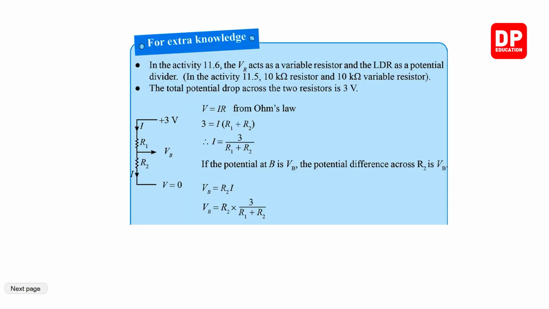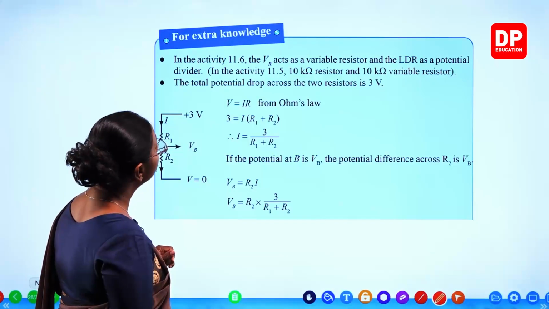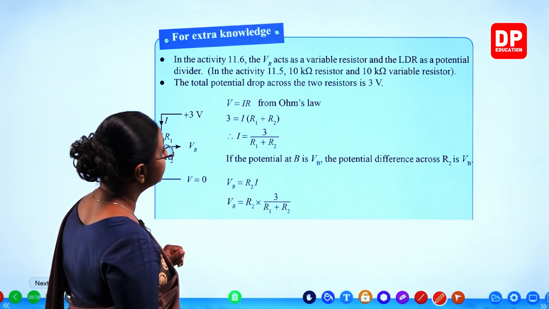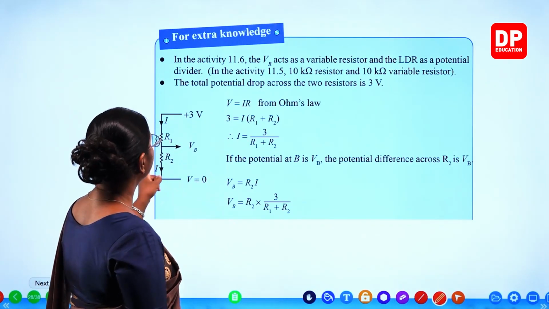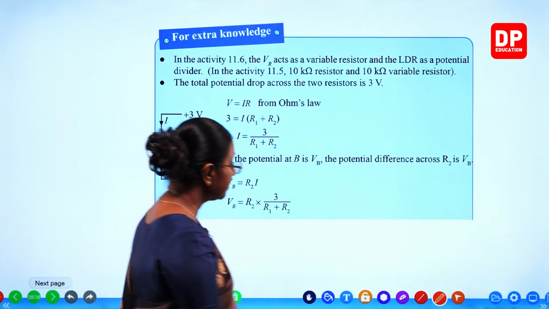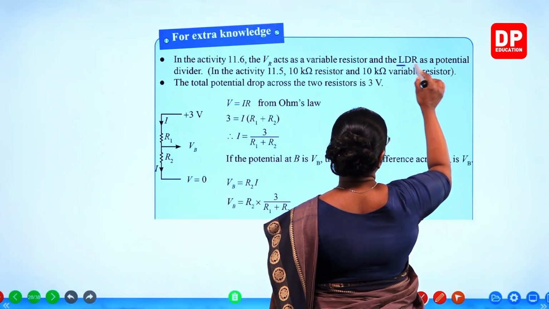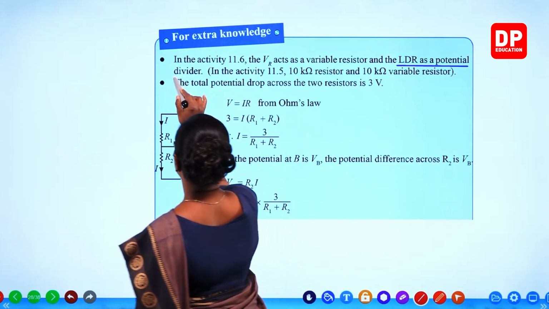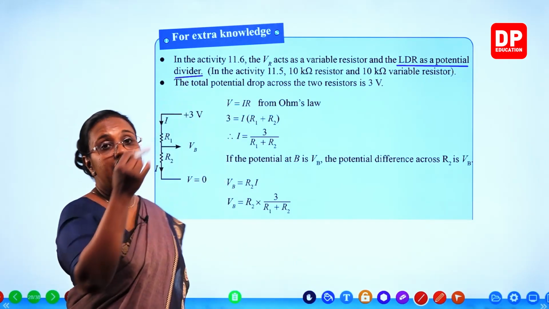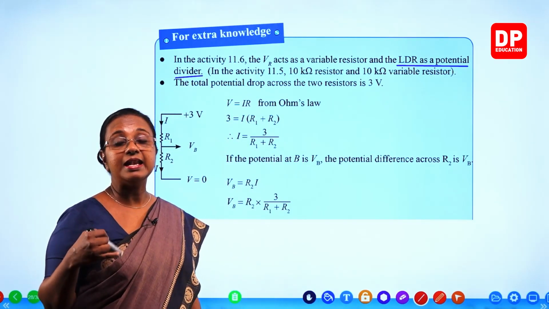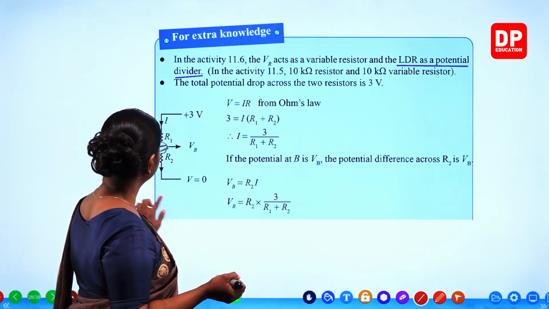In activity 11.6, the previous activity where we used the volume control and the LDR, you can see the volume control VR acts as a variable resistor and the LDR as a potential divider. When we say potential divider, it divides the potential difference of the bulb between the emitter and collector. So that is what is shown here.